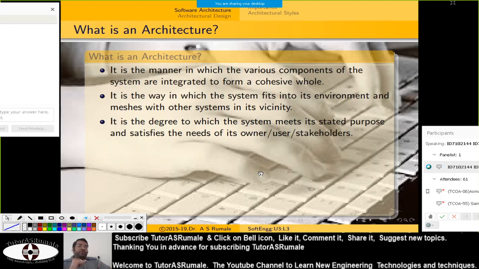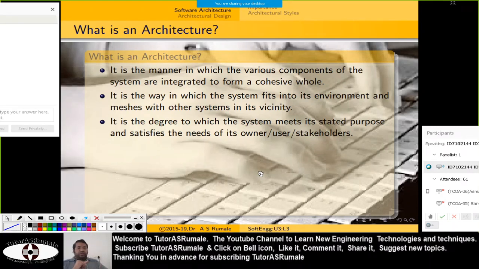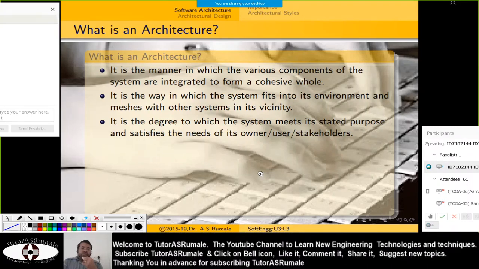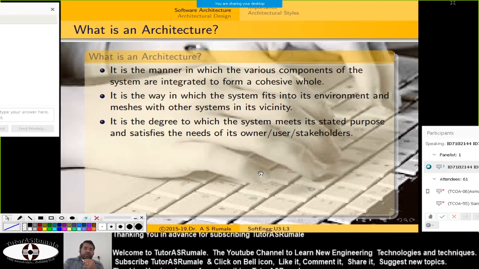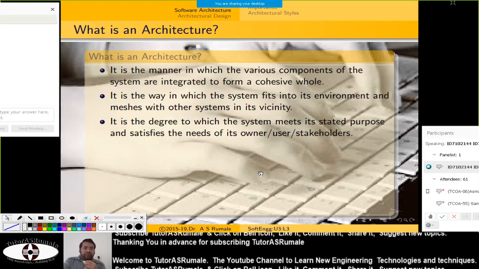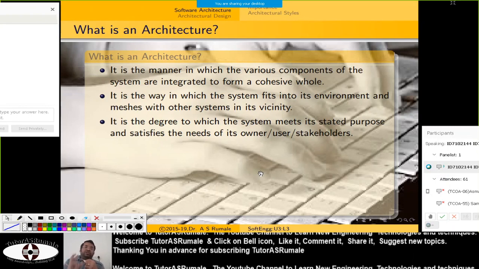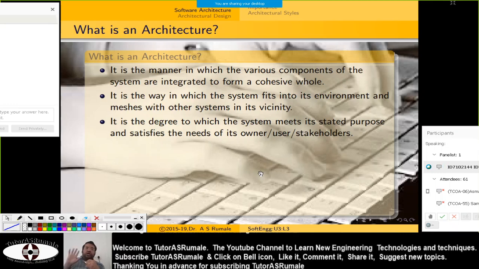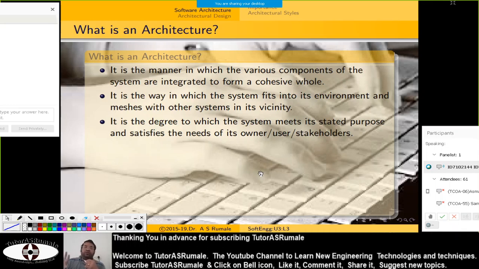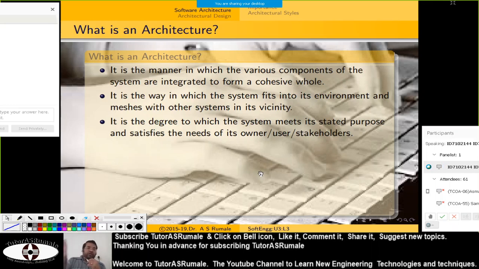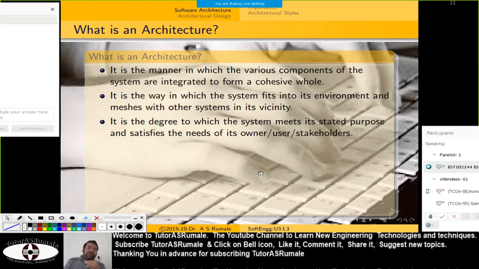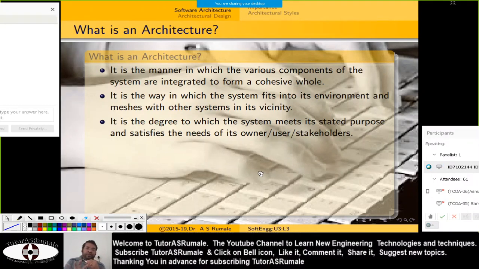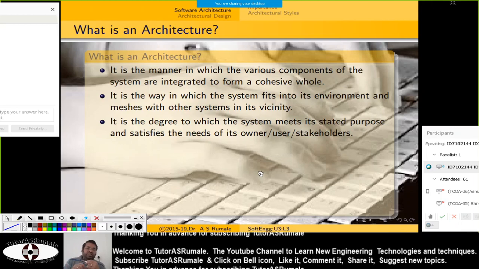So the degree to which it meets its stated purpose means every software, every system, in engineering we can call a product a system. Also, every system has its own purpose. For example, we also have some purpose. If in our life we don't have a purpose, our life becomes a mess. In the same way, if a software doesn't have any purpose, then it is not called software.